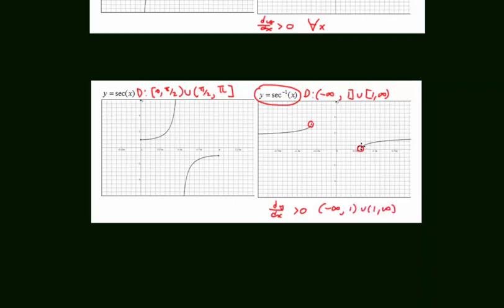What's happening at 1, -1? I'm sorry, this should be a -1. Okay, and so should this. Okay, so what's happening at -1 and +1? Well, it looks like those slopes are approaching positive infinity.